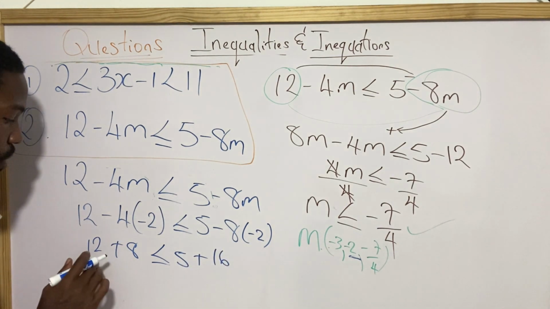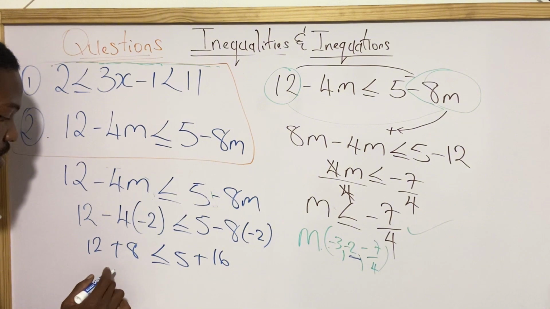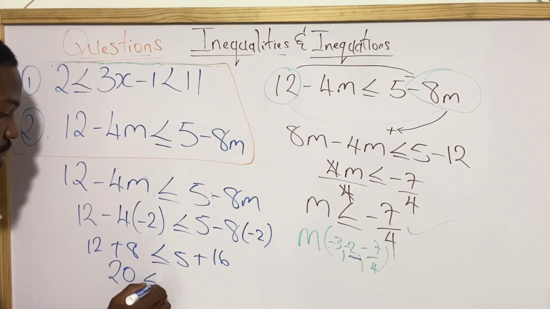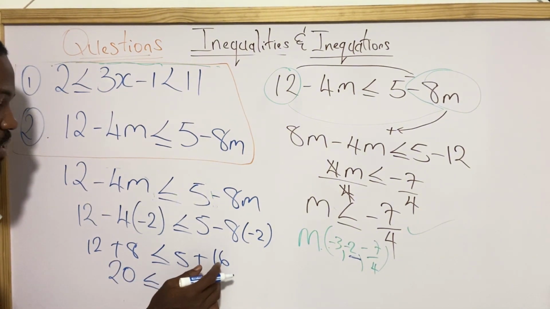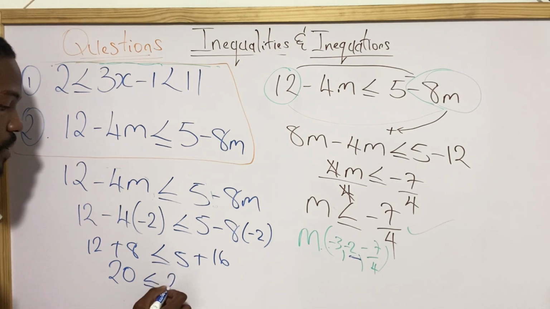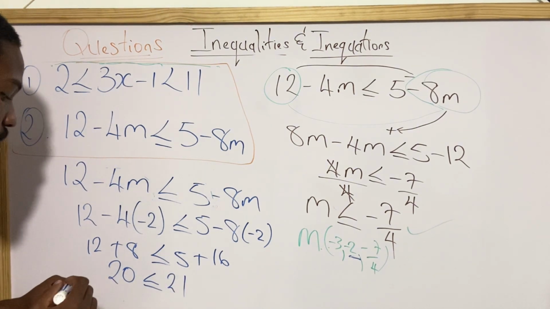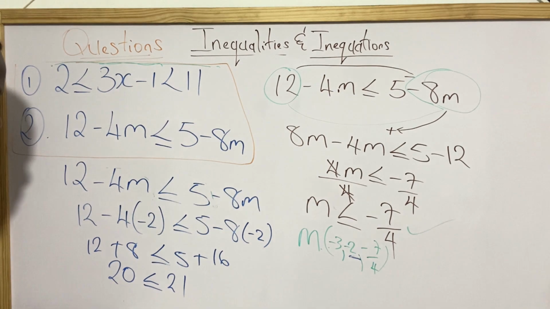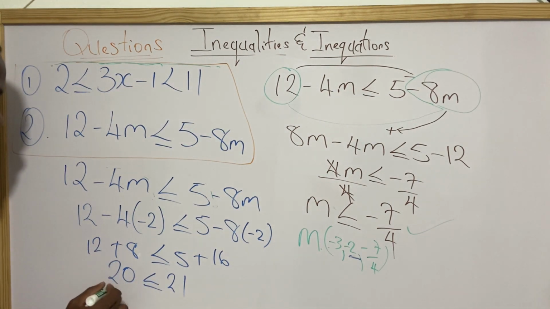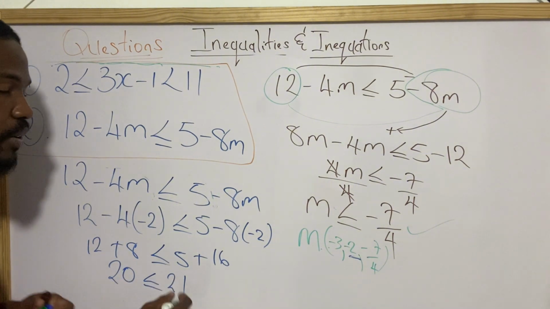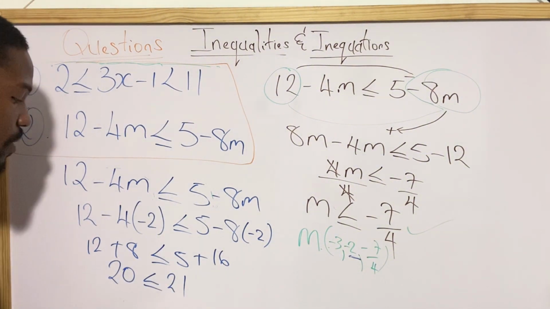In working that out, 12 plus 8 is going to give me 20, is less than or equal to 5 plus 16, which gives me 21. So if you look carefully, we actually have no issue right there. We can see that we're safe: 20 is not equal to 21, but 20 is less than 21.